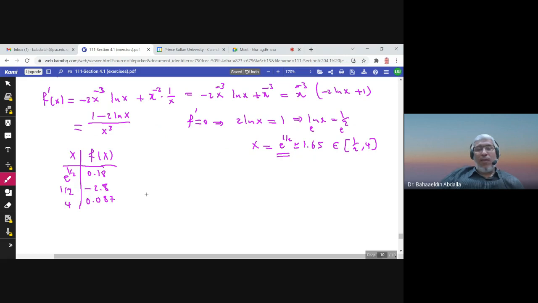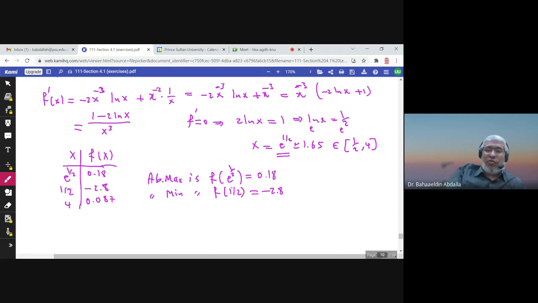So the absolute maximum is f of e to the power half, which is approximately 0.18. And the absolute minimum is f of half, which is approximately negative 2.8.